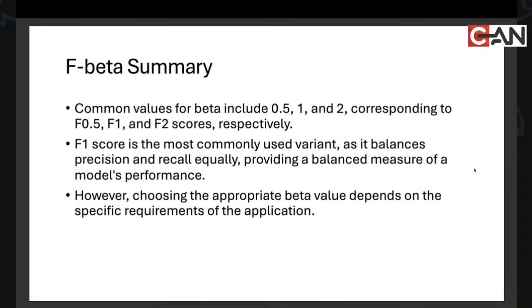But the F1 score is definitely the most common variant. Like I said, it even has its own function, which is kind of funny to me. And it's the most balanced metric. So you are just going to have to decide for your use case: do you want to over-notify? Do you want to under-notify and only do it when you're really, really certain?